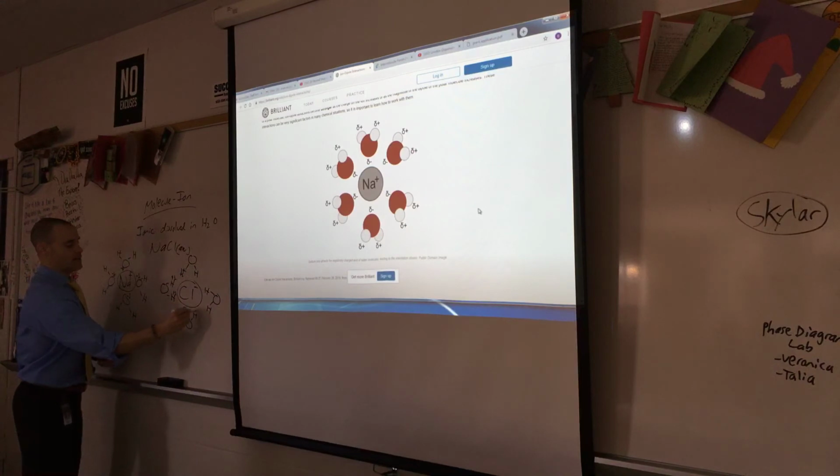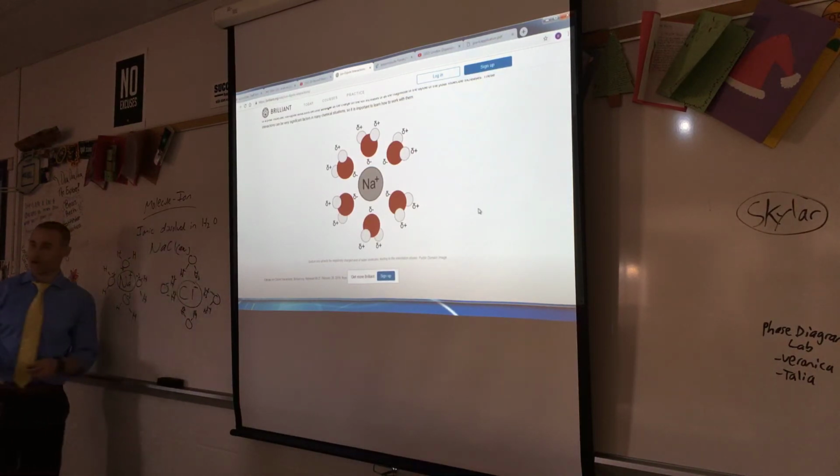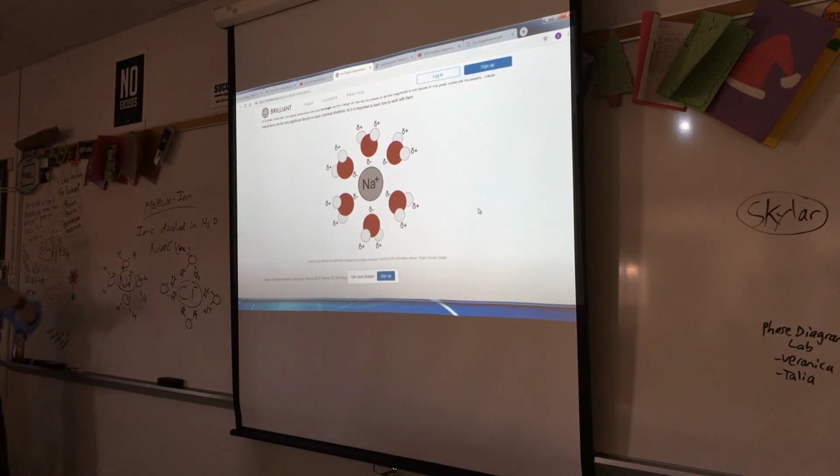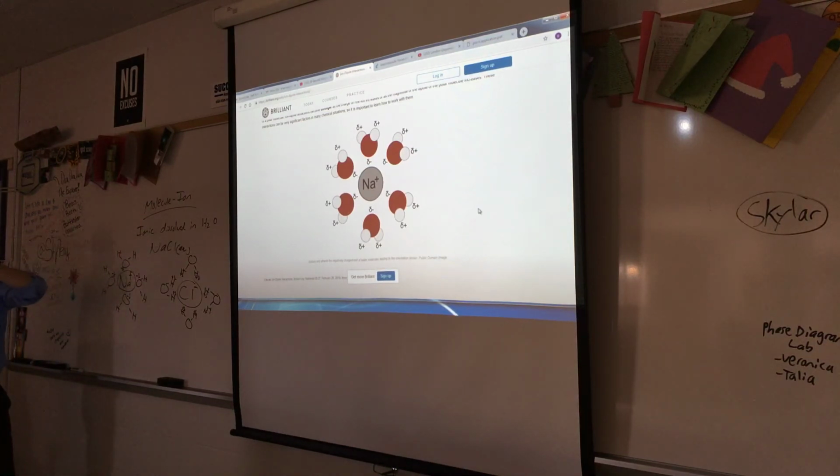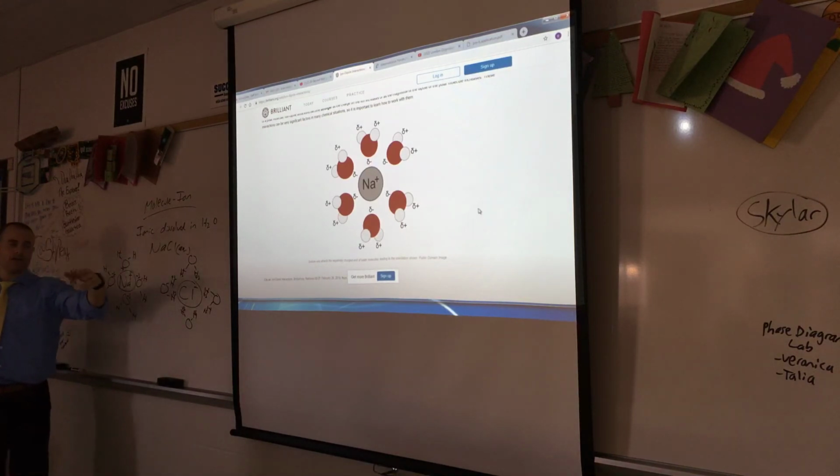So this should make sense. You should already be good with this because we talked about this a bunch of times already. And that's why salt dissolves in water. Like dissolves like. Opposite charges will attract each other. So there's your molecule ion. This one's really strong. But not that strong. Why? If you evaporate the water, it goes away, right?